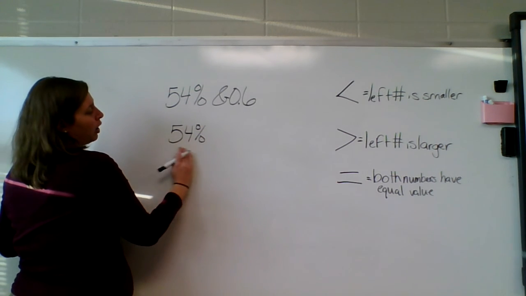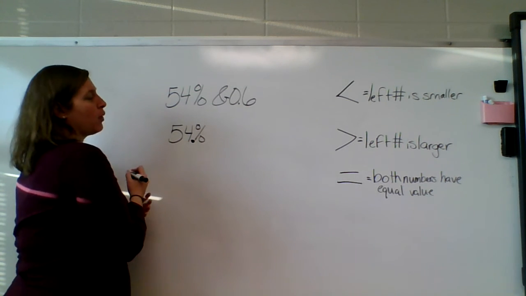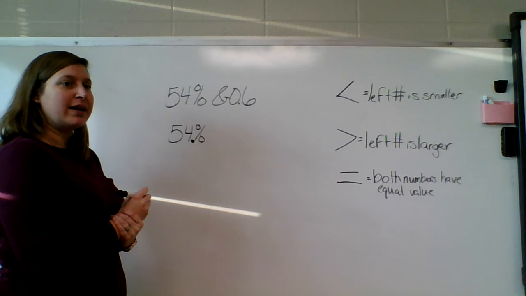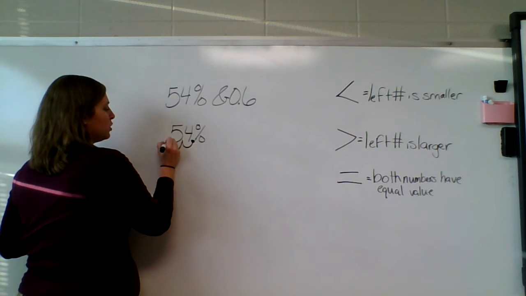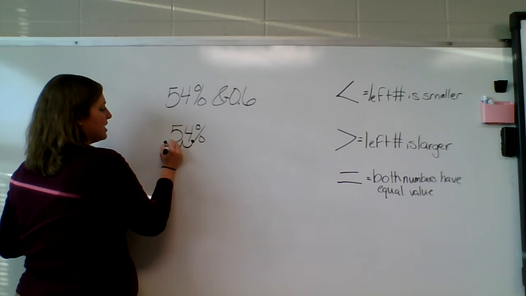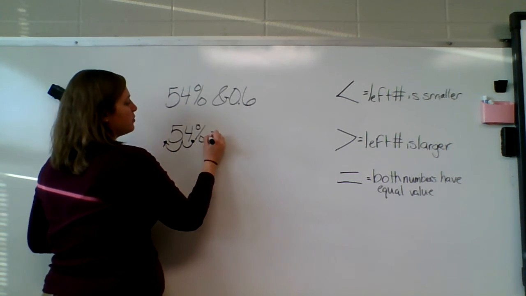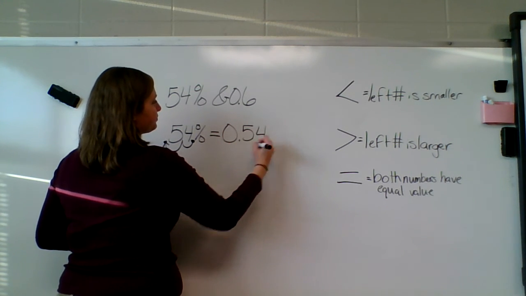My decimal on a whole number is always at the end. So it's going to be right between the number and the percent sign. Now I'm going to move my decimal 2 times to the left. So 1, 2. It's now going to be before the 5, and this is going to be equivalent to 54 hundredths.